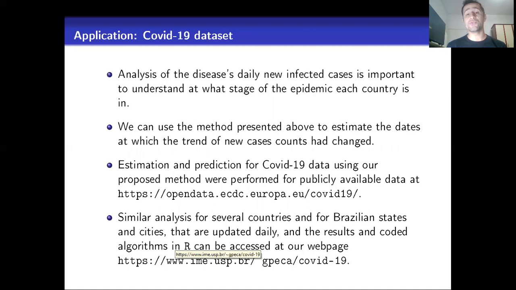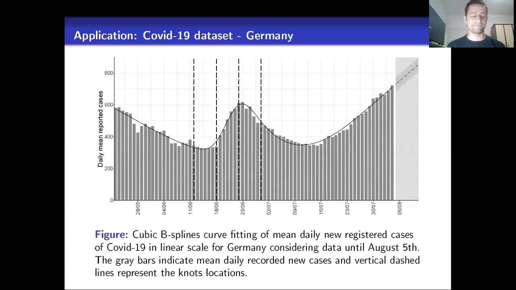And this is important to estimate, for example, change points. So we can apply this method to determine change points of the curves, for example, of daily new infected cases. Here we have the example of Germany, when the method provided 4 internal knots estimates. And the knots are estimated on the main locations where, for example, we have a peak. That is very important to have an accurate estimate.